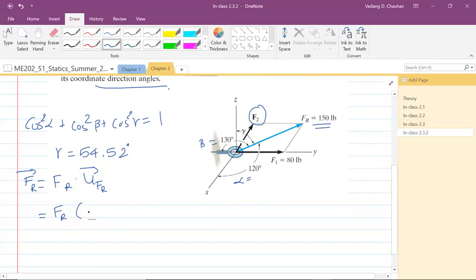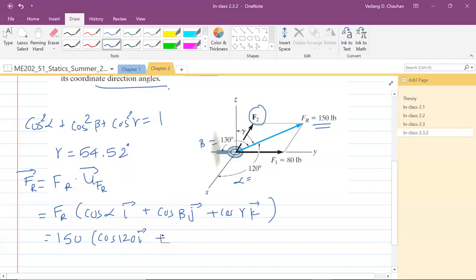So this can be written as cosine alpha i plus cosine beta j plus cosine gamma k, where the magnitude of the vector is given, it's 150 pounds, and now we know the values of alpha, beta, and gamma. So this is cosine 120 i plus cosine 130 j plus cosine 54.52 k.